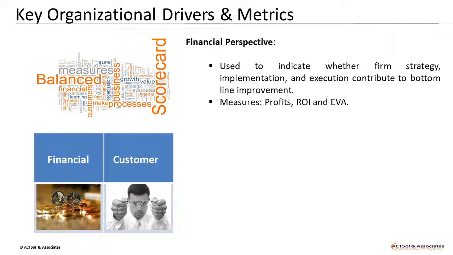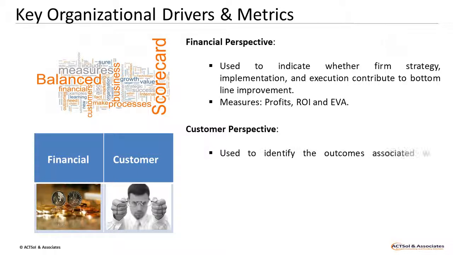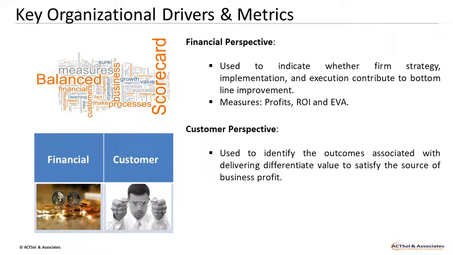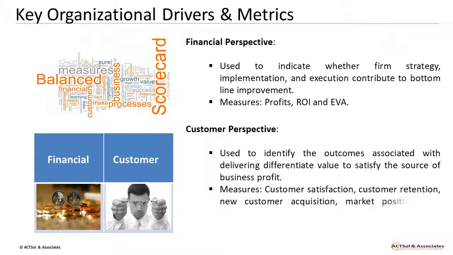Number 2, the customer perspective. This is used to identify the outcomes associated with delivering differentiated value to satisfy the source of business profit. Measures generally used here are customer satisfaction, customer retention, new customer acquisition, market position, and market share.